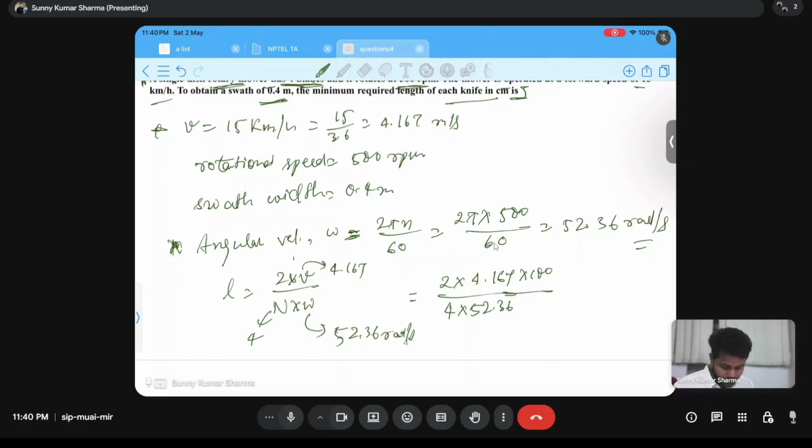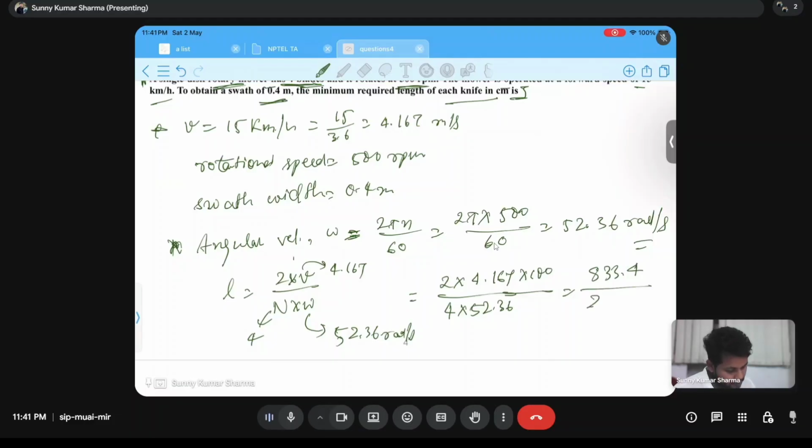So the final answer will become 2 into 4.167 into 100 is equal to 833.4 divided by 4 into 52.36.